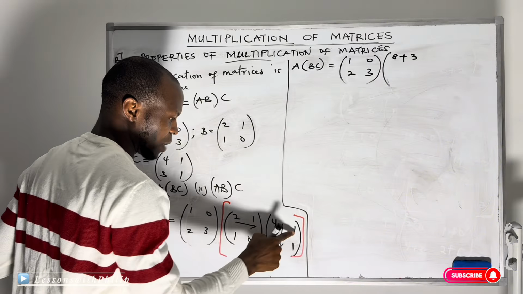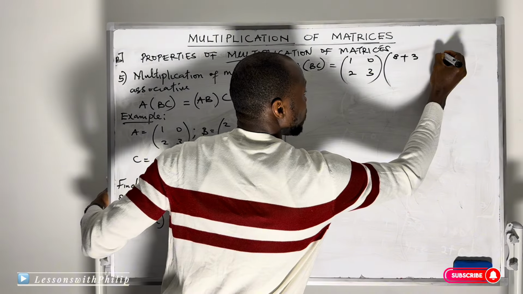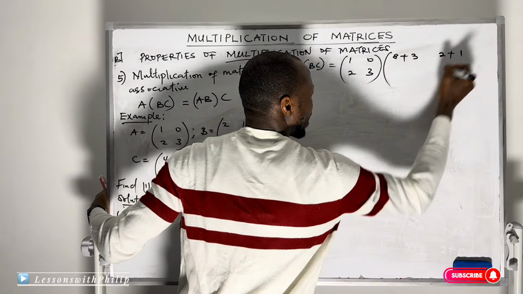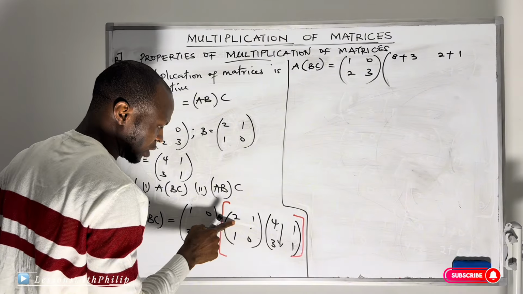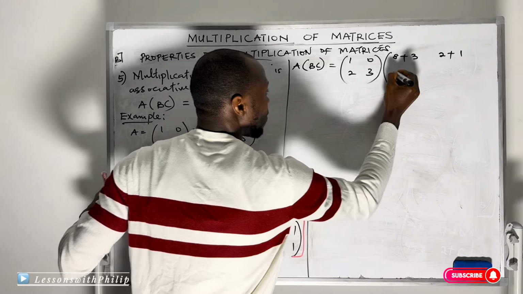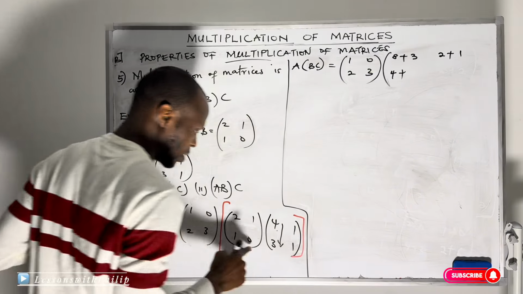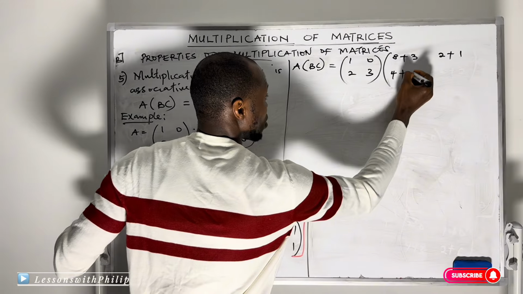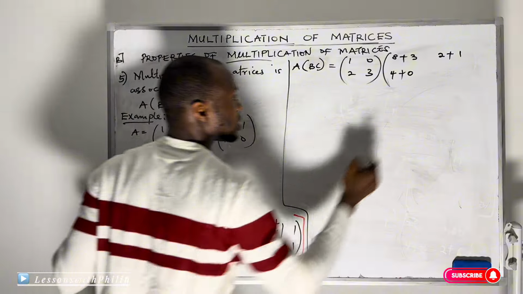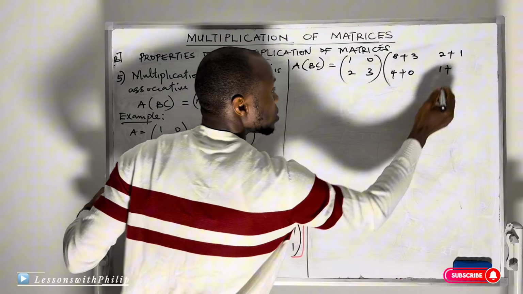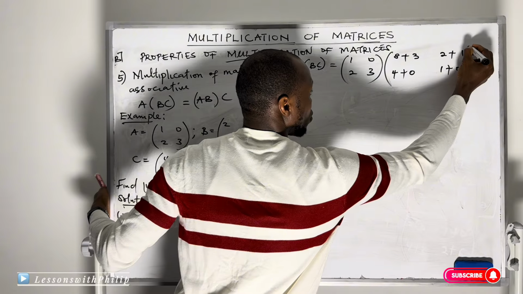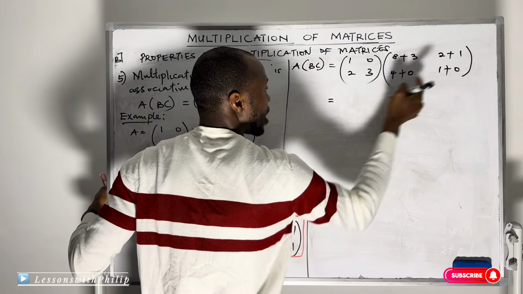Then 2 times 1, that is 2, plus 1 times 1, that is 1. Then we go to the second row. 1 times 4, that is 4, plus 0 times 3, that is 0. Then 1 times 1 is 1, plus 0 times 1 is 0.